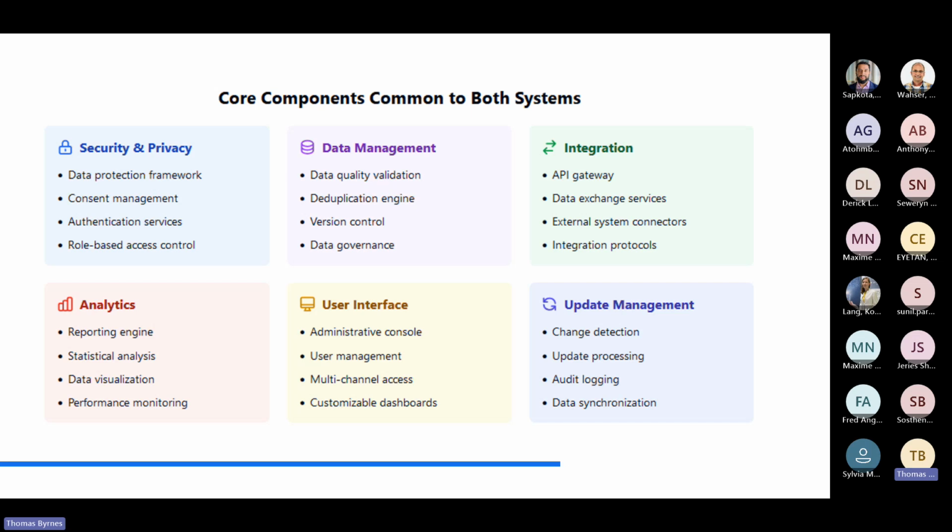So the need for deduplication and unique identification management is critical for that, but also for IBR, unless the individual beneficiary registries are already all using the same data frame and the same common identifier. There's a need for the engines often to have a tool that can provide an integration. As I said, integration, analytics, user interface, and update management, key CMS elements that we would normally expect to see, are crucial for both these systems going forward.